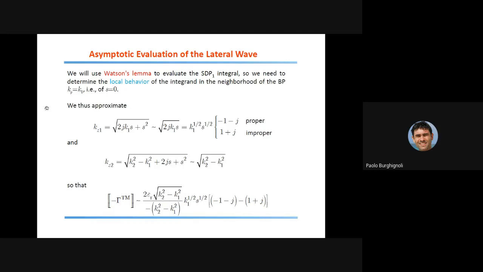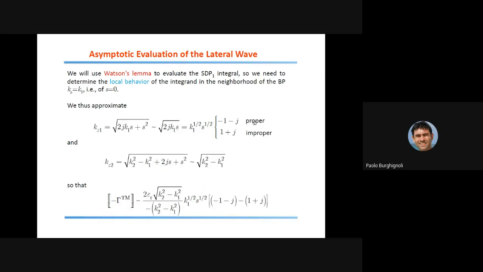In this limit, the square root that defines kz1 tends to the square root of 2jk1s, because we can neglect s squared. And so we see that kz1 goes as a constant times s to 1/2. And there is also a further factor, which is -1 minus j, if we select the proper determination, and 1 plus j if we select the improper determination.